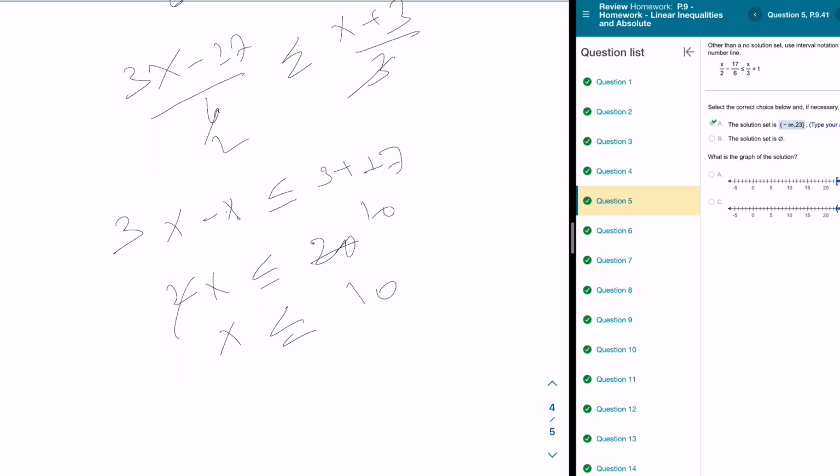Now our interval is greater than 10, including 10, to infinity.